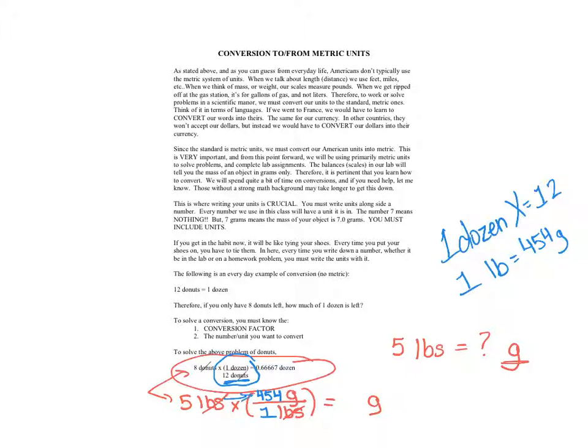You multiply if it's across the top, so 5 times 454, and then you divide if it's on the bottom, which is just divided by 1, and you get your answer in grams. So don't panic. You do something that you know how to do, you just might not have the conversion memorized.